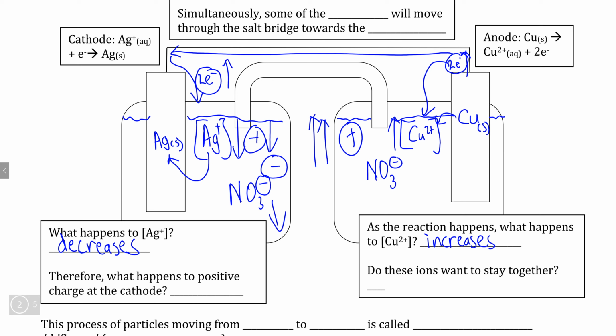So in conclusion, because the positive charge is decreasing at the cathode, this prevents the electrons from wanting to migrate towards the cathode.